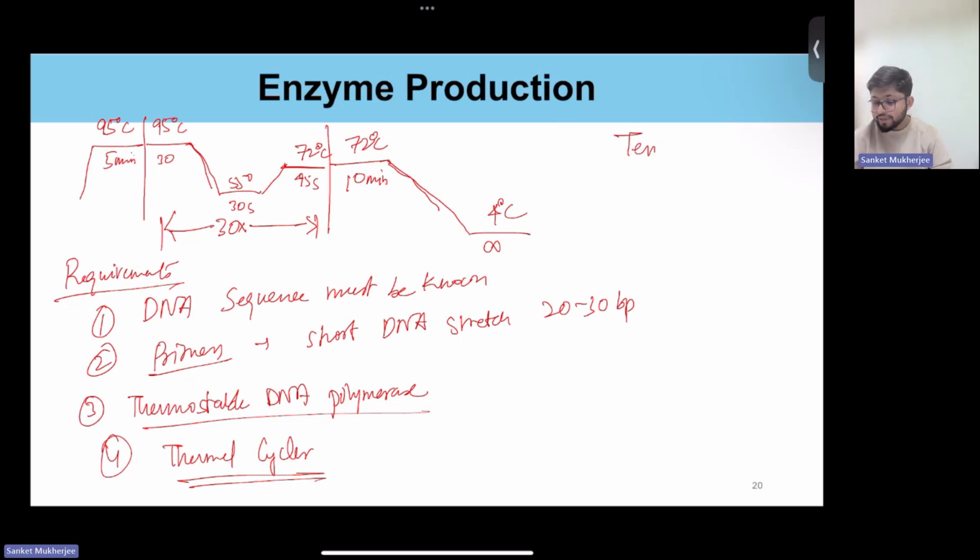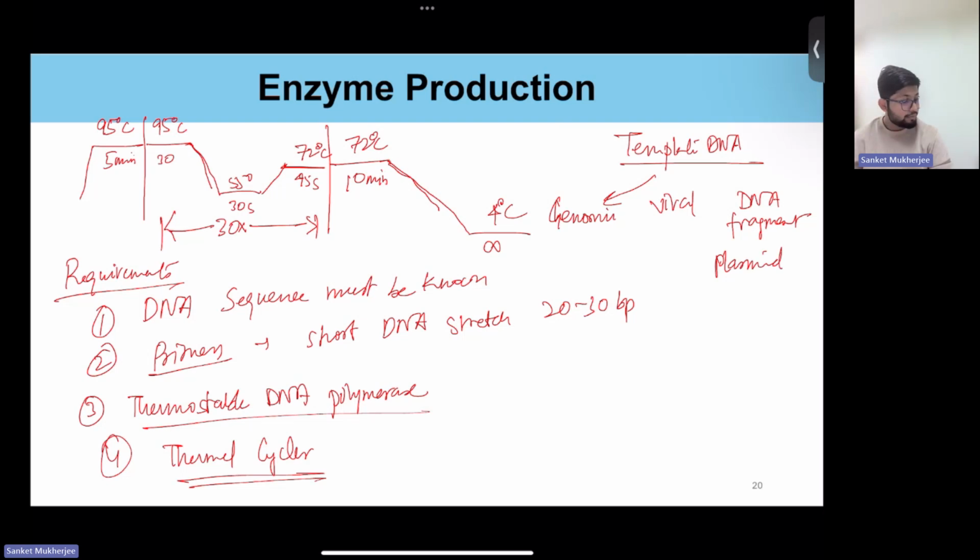Then we take a template DNA, which is again very important. Template DNA could be from various sources. It could be genomic, it could be viral, it could be a DNA fragment. It could be from a plasmid as well. It could be a tissue sample as well. Now, there are various types of PCR that are beyond the scope of this course, but you can read about them as well.